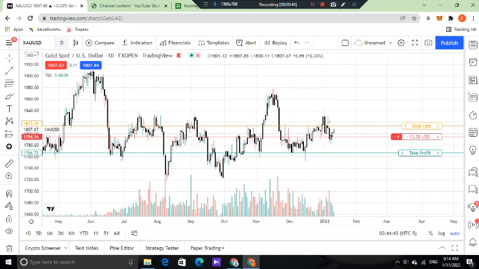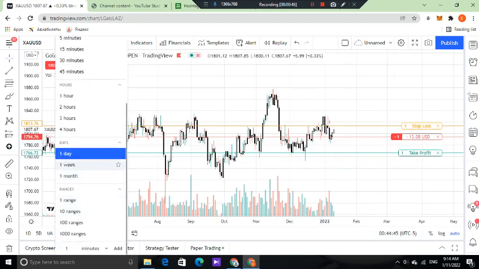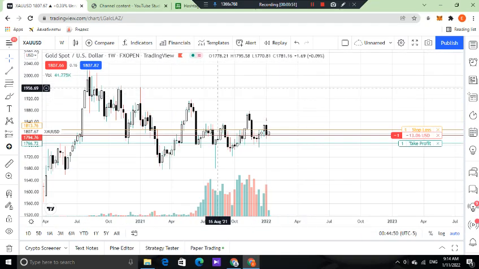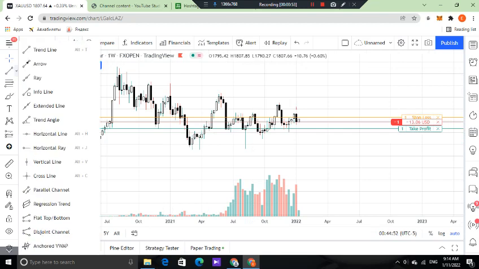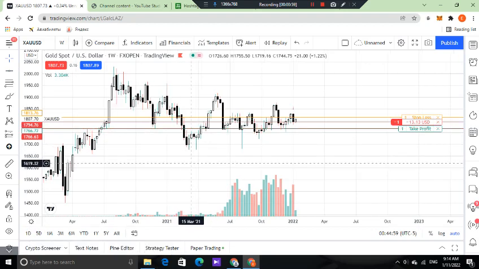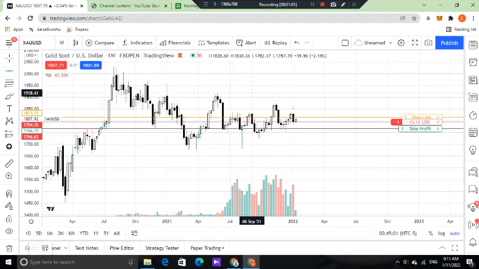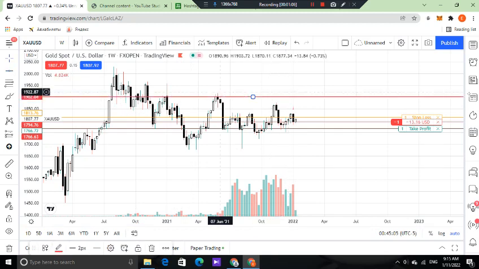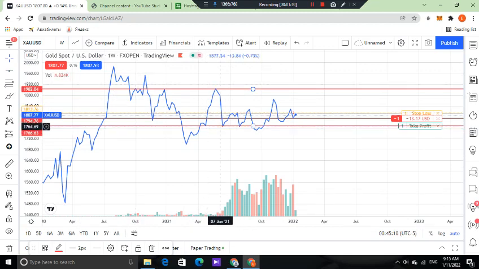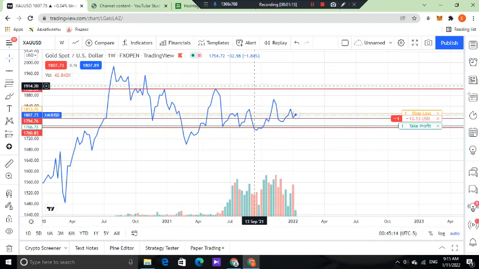Okay, I always start my analysis with determining important levels, like this one, and this one. You can also set your chart to line chart, which makes your work easier.